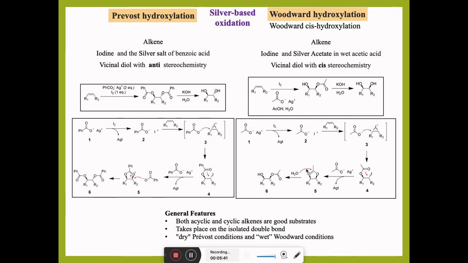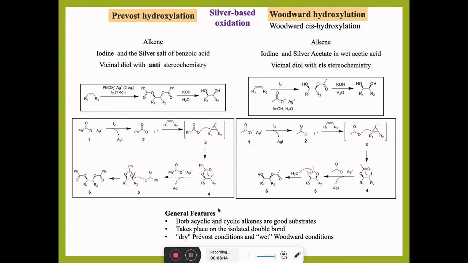Now the water molecule is attacking on the carbon and not on the carbons which are attached to the oxygen in the diol. So that is why these two oxygens are present on the same side, and the opening of this 5-membered ring takes place by the attack of this water molecule, and after hydrolysis of this ester we will get diol. Now here the stereochemistry of the 2 hydroxyl groups is cis.